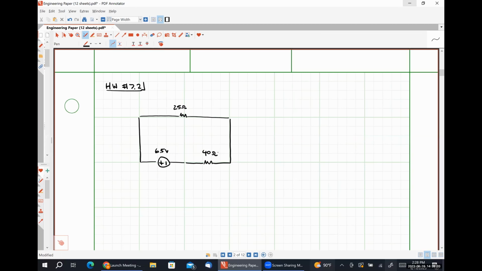40 ohm resistor. This is going to be a short circuit. This is a short circuit. 60 ohm resistor here. 4.5 volts.